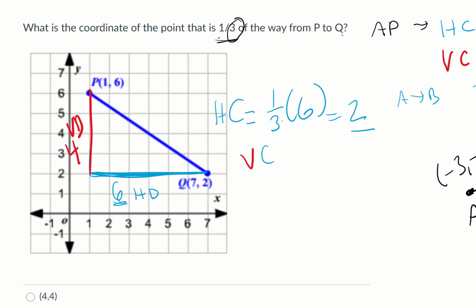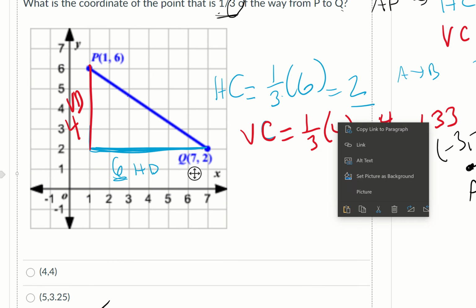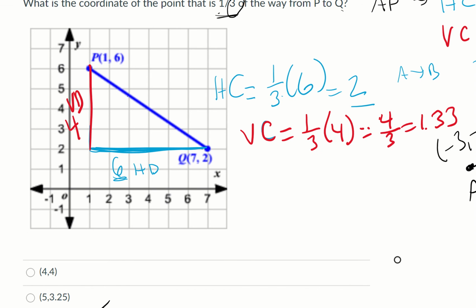And then the vertical change is 1/3 times 4, which is 4 divided by 3, so this is going to be a fraction, 4/3. And 4/3 is about 1.33, okay? So that's going to be my horizontal and vertical change.